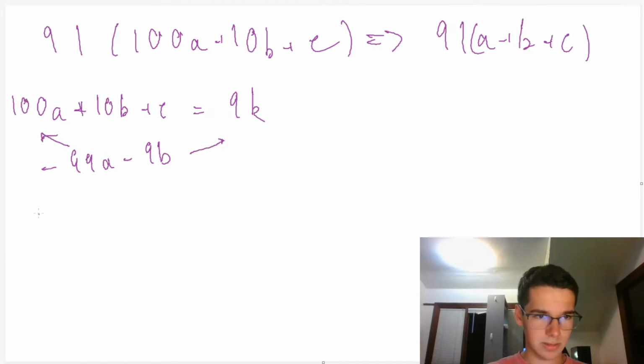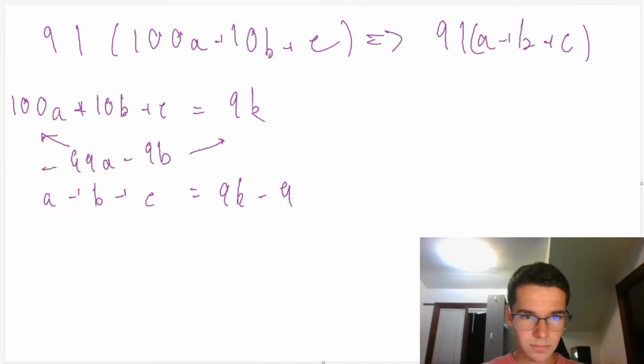And then we're going to say a plus b plus c is equal to 9k minus 99a minus 9b.